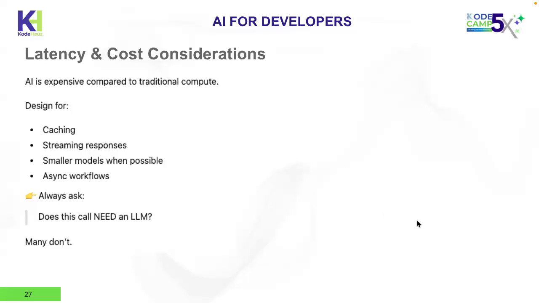So you need to think about it, and this is from the developer standpoint. There are some things that you send to small models, and some things you send to large models. For example, if you want to do embeddings, it's better to use a small model for the embedding, right? But when you want to do the reasoning based on the retrieval, you can use a larger model. So think about that, right?